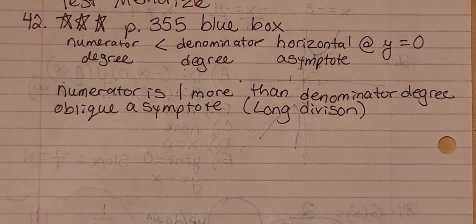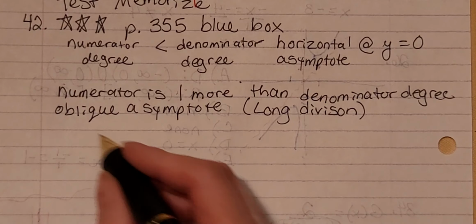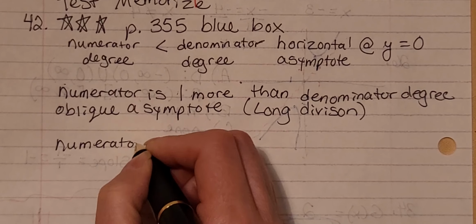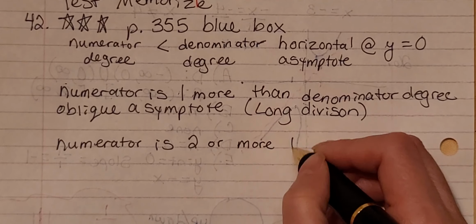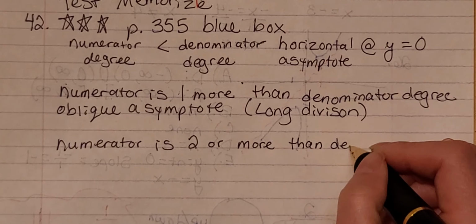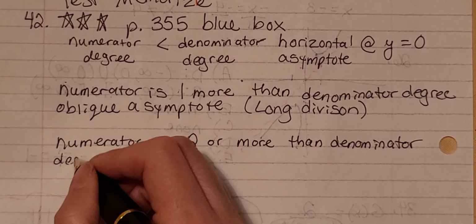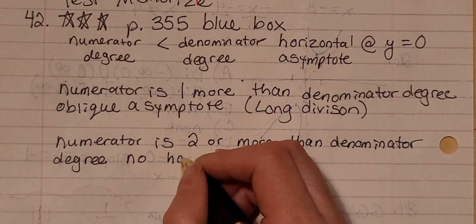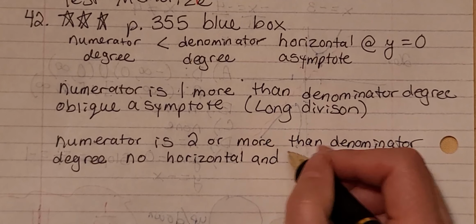Okay, if the numerator is 2 or more than the denominator, then you will have neither a horizontal nor an oblique. No horizontal and no oblique asymptote.